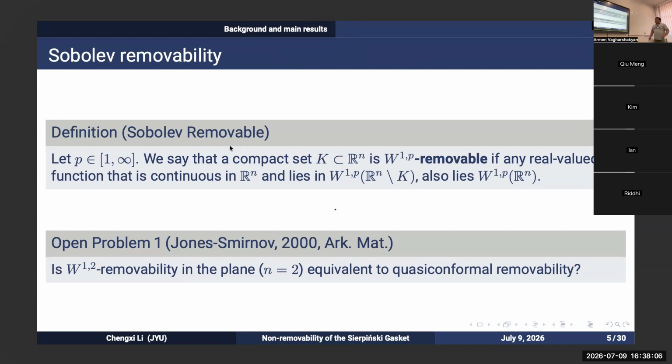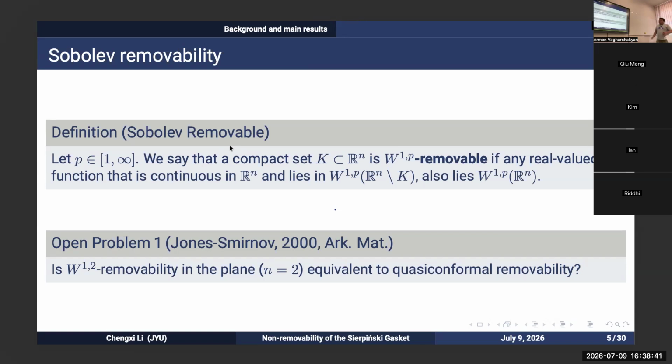For Sobolev removability, we don't use quasi-conformal mappings; instead, K is W^{1,p} removable if any real-valued function that is continuous on the whole Euclidean plane and lies in W^{1,p}(R^n minus K) also lies in W^{1,p}(R^n). That is the definition of W^{1,p} removability. This is a very important problem in Sobolev analysis.